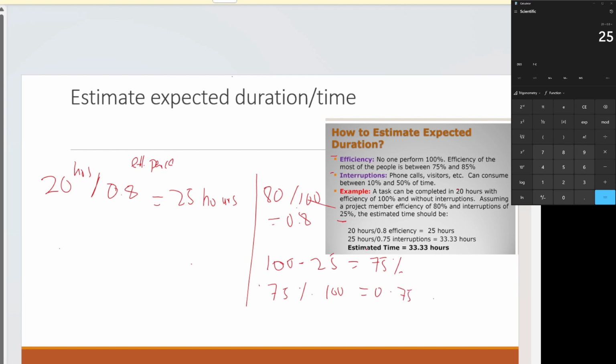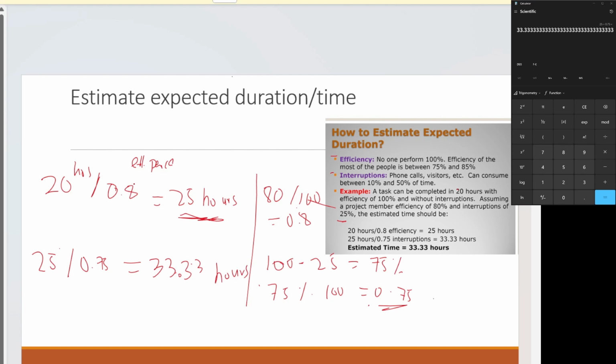That gives me 0.75. Now I'm going to take this number, 25 hours, and divide it by the interruption percentage. So 25 divided by 0.75, which we got from here. Let's calculate: 33.33 hours.